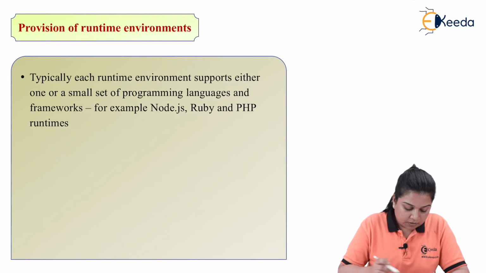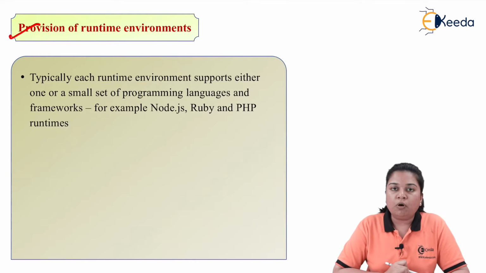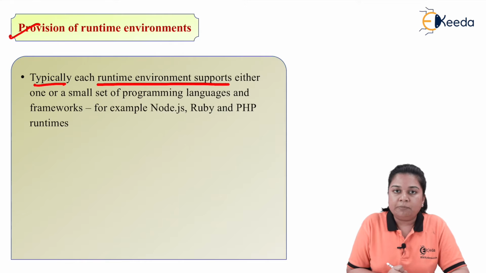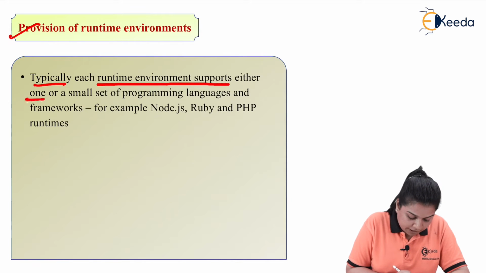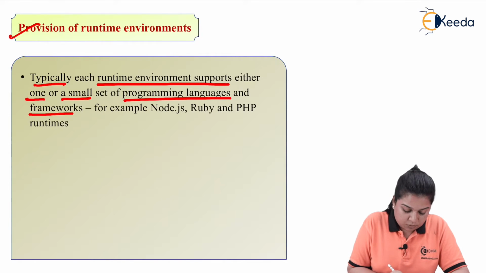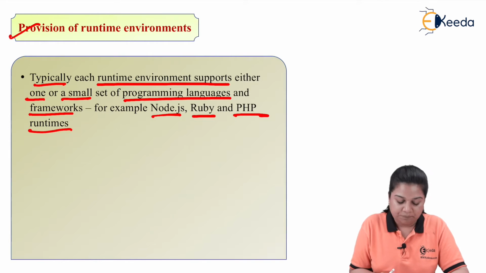Then, another characteristic is provision of runtime environments. Typically each runtime environment supports either one or a small set of programming languages and frameworks, for example Node.js, Ruby, and PHP runtimes.